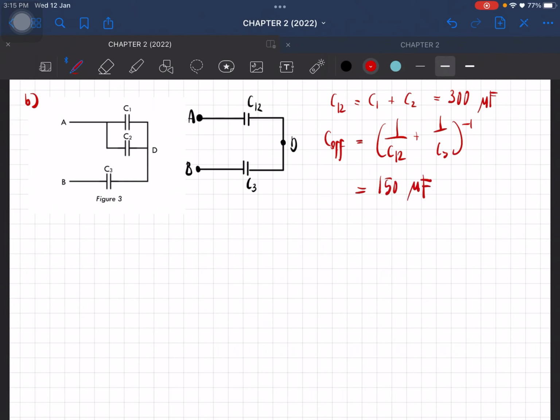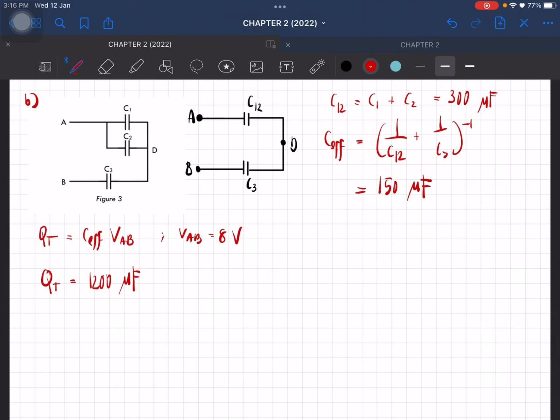After that, we have to calculate the total charge first, then we can calculate the charge for each capacitor. The total charge is equal to the effective capacitance times the supply voltage, which is given as 8 volt. So the total charge is then equal to 1200 microcoulomb.